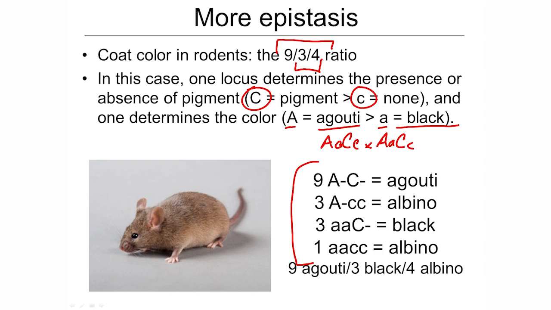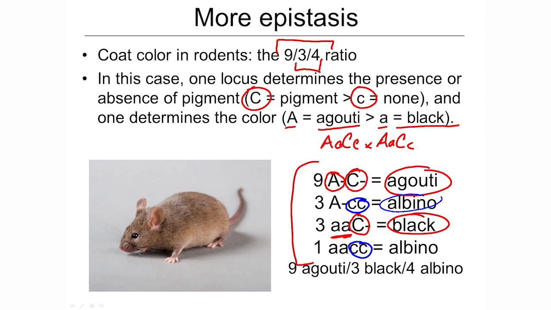So look at what's happening here. As long as there's a big C around, it's saying switch is on, go ahead and make your color. But if there's a big A, the color that gets made is agouti. If there's two little a's, the color that gets made is black. On the other hand, if you have two little c's, the switch is off and you're making no pigment, which pretty much equals white, but in the case of animals, they refer to this as albino.